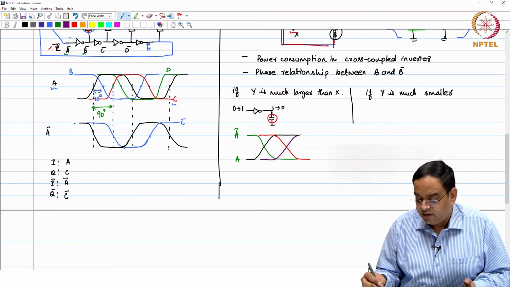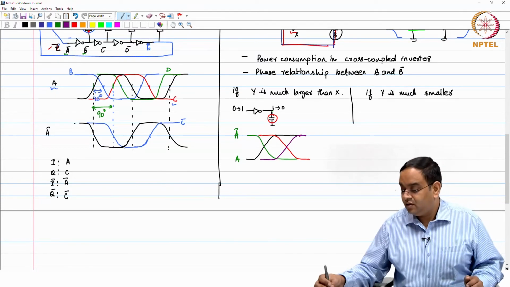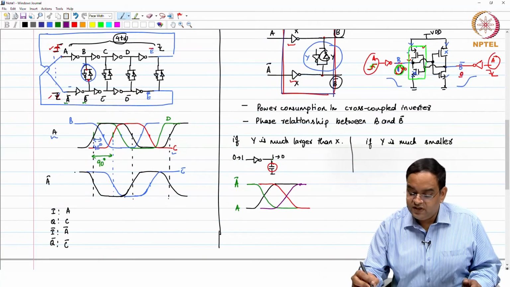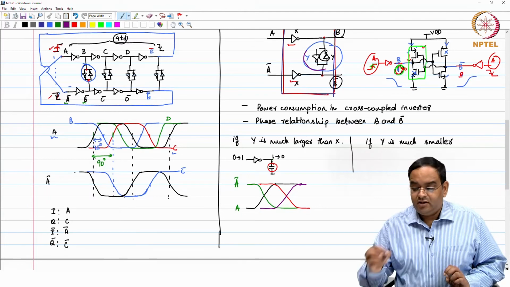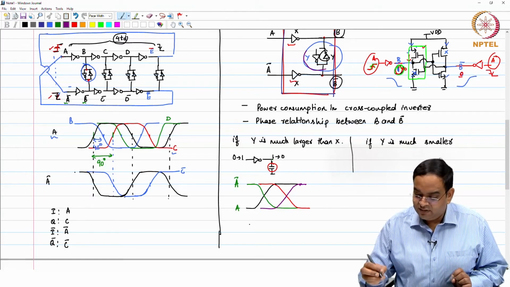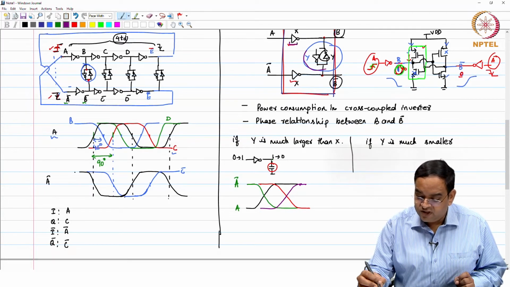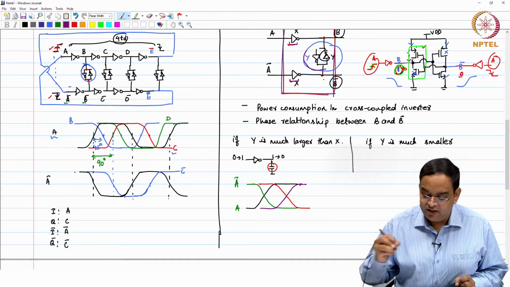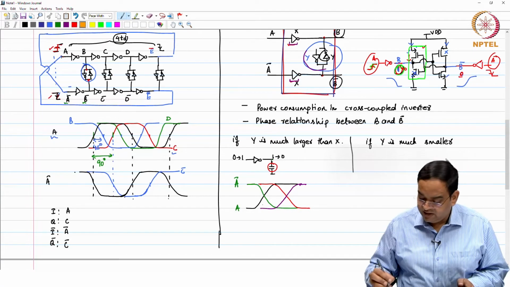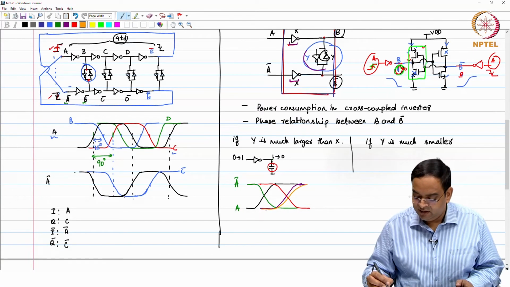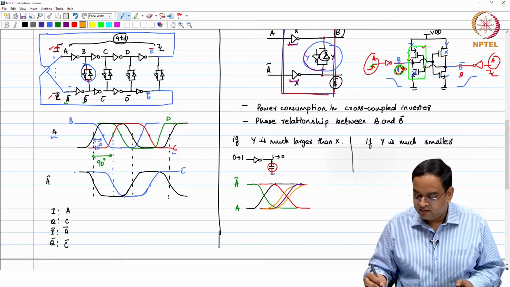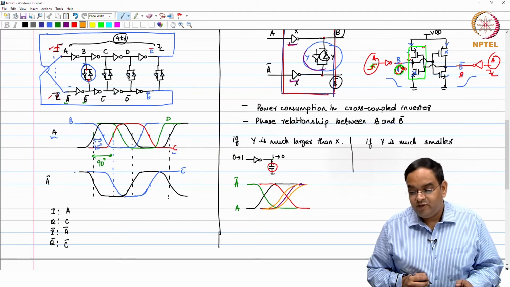But if the size of these inverters is much smaller, then depending on the mismatch of these two inverters and variation in the loading, you may see a deviation in these phases. It may be like this, it may be like this, it can be any phase.